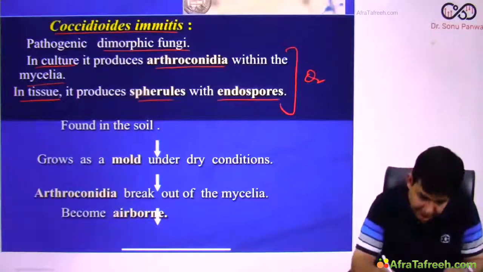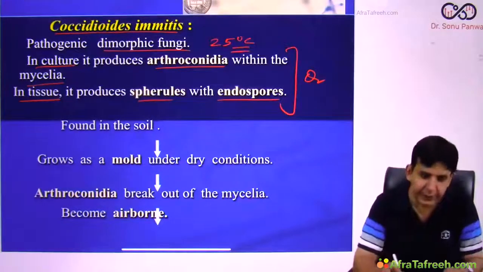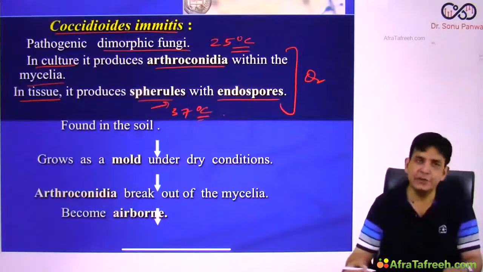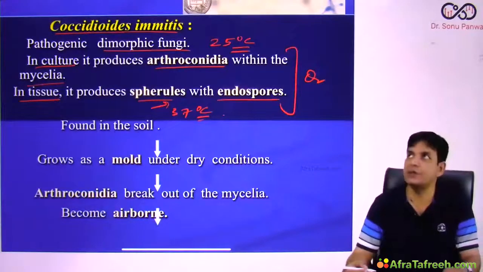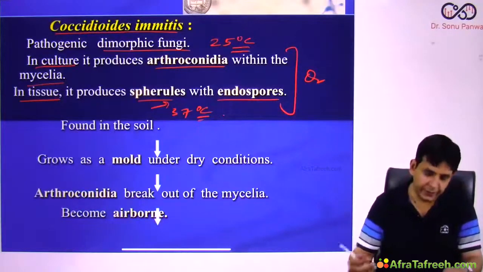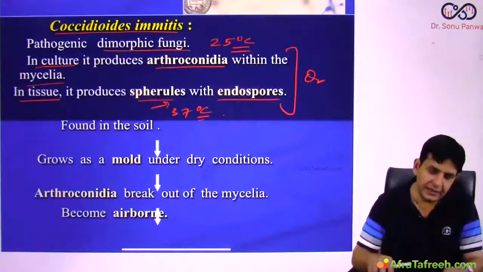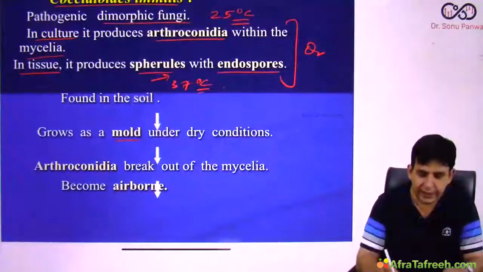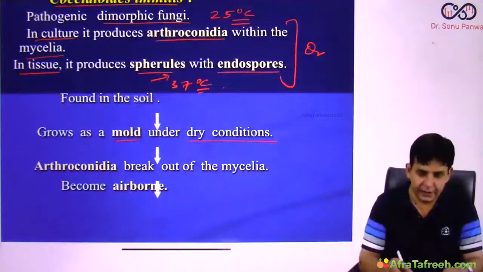So remember, at 25 degrees centigrade or 22, it exists as arthroconidia, and at 37 degrees it exists as spherules with endospores. So this also you need to remember. Fine. So this Coccidioides immitis is found in the soil, and it grows as a mold under dry conditions. Okay.